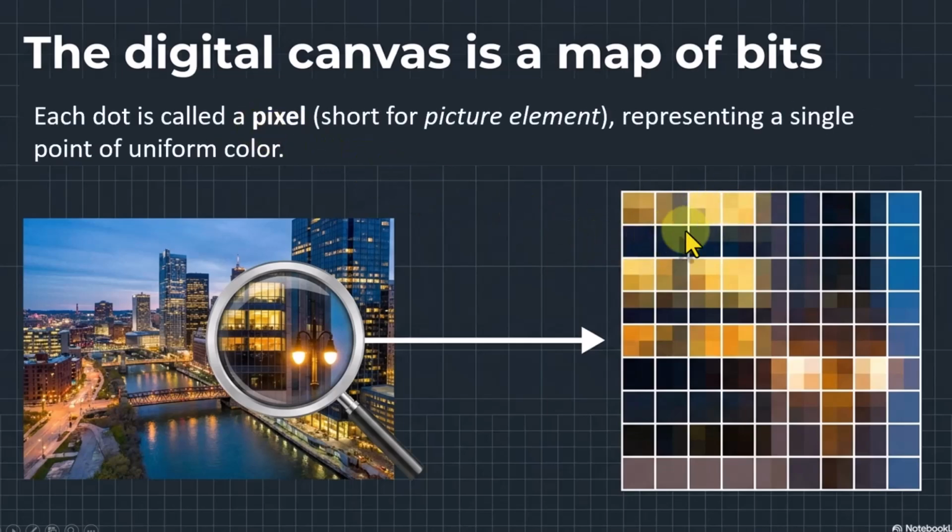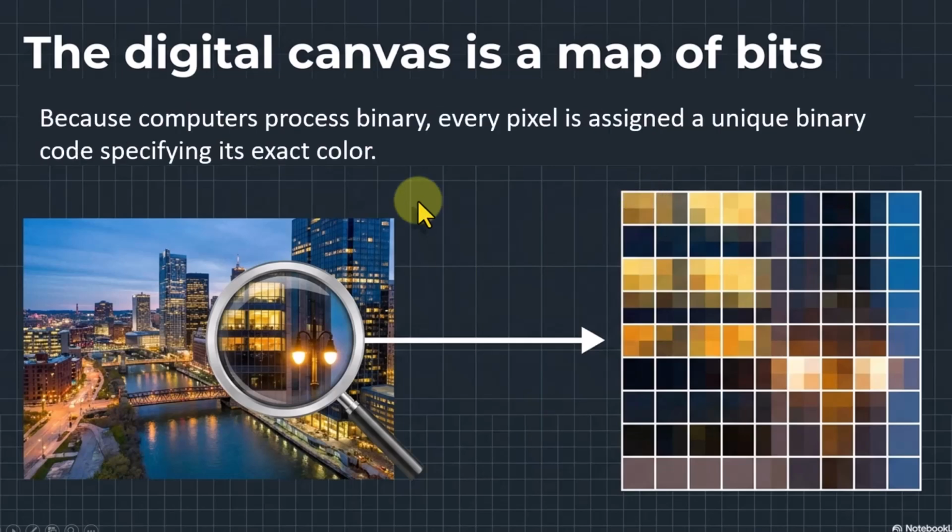Each dot is called a pixel, short for picture element, representing a single point of uniform color. So each pixel can have one color. And because computers process binary, every pixel is assigned a unique binary value specifying its exact color.